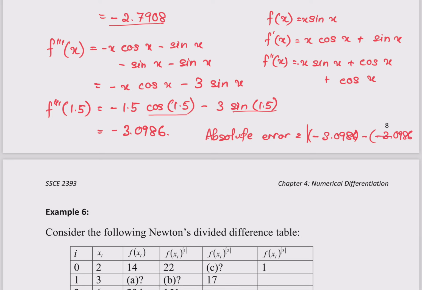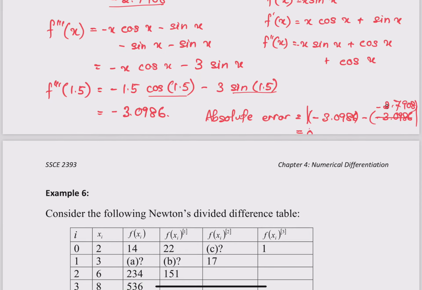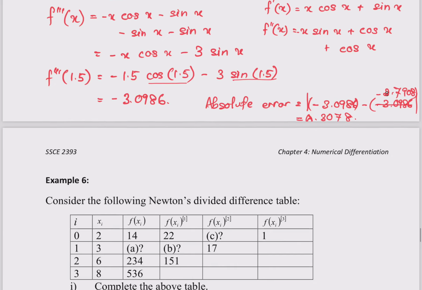Oh, no. It is negative 2.7908, and what you will get is 0.23078, the absolute error. So it's quite a big error, but never mind. At least you need to know how to apply the formula.